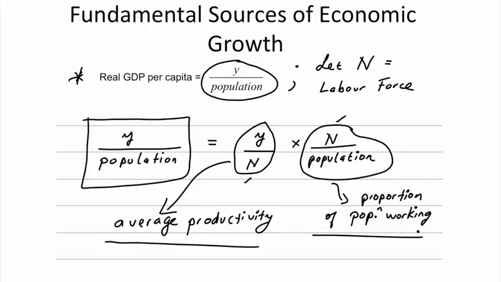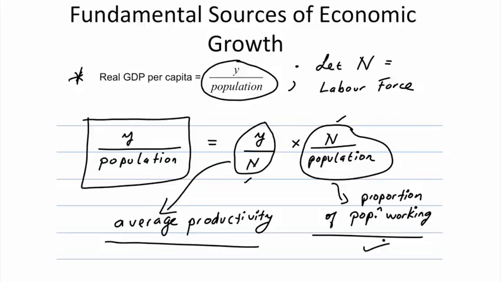The first, average productivity, how much output can each person in the labour force produce, and secondly, how many people do you actually have producing output?